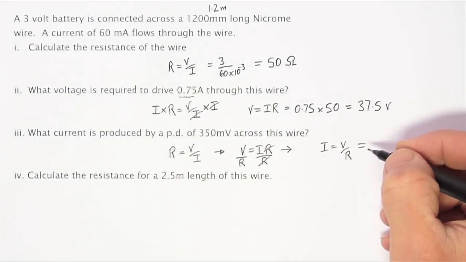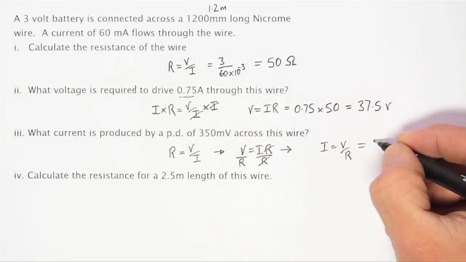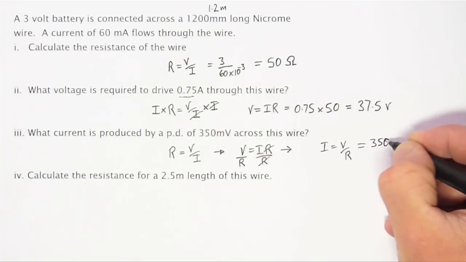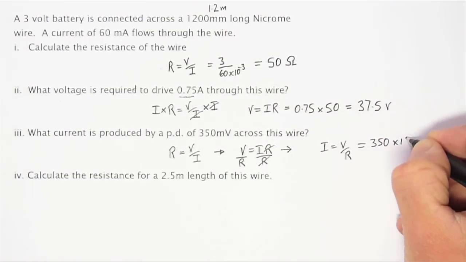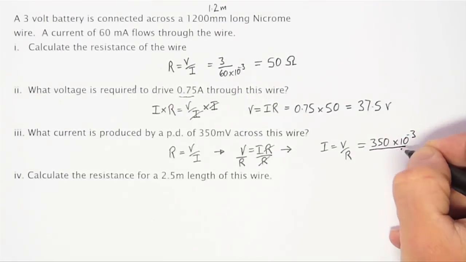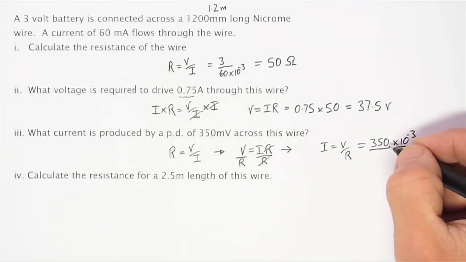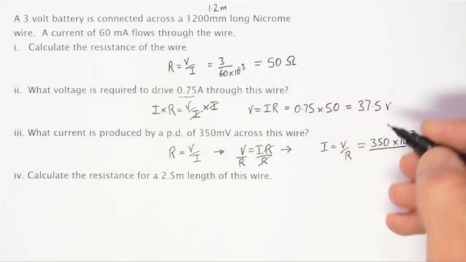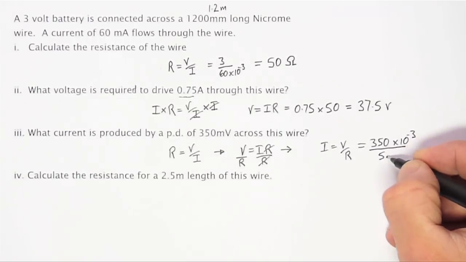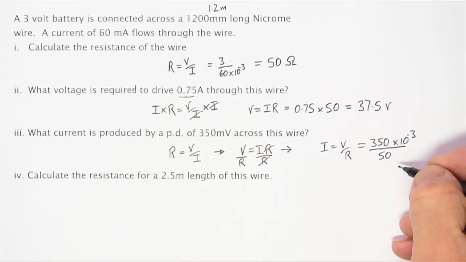The voltage is 350 millivolts, so I'll write 350 times 10 to the minus 3 for milli. The resistance I've already calculated in this part is 50 ohms.